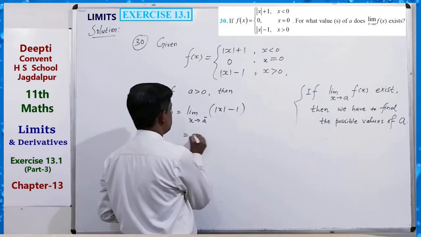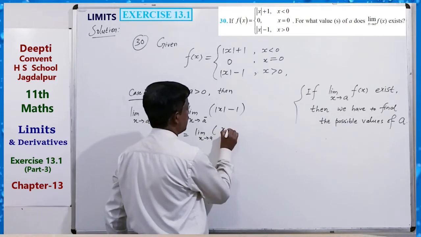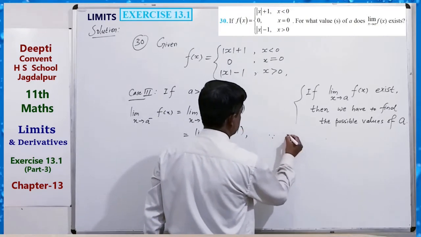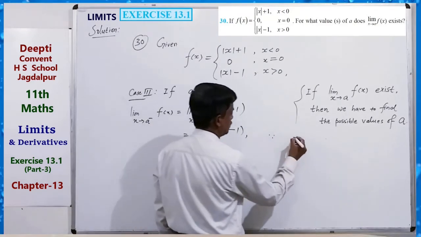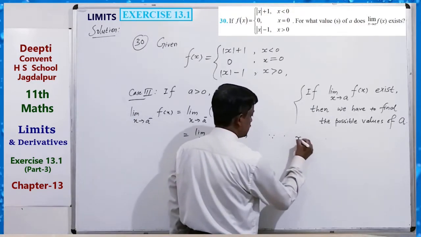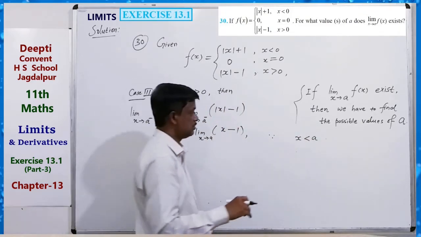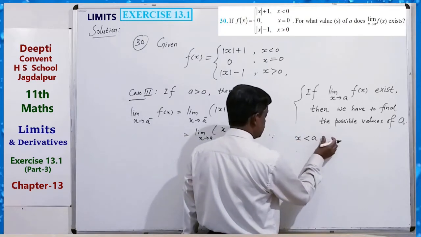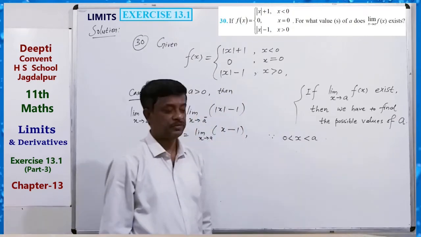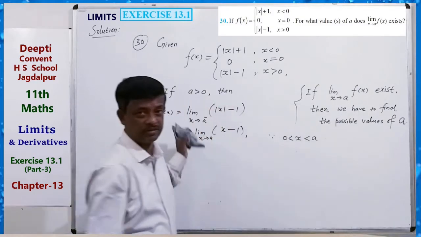So this is equal to limit x tending to a, here mod x equals x minus 1. Since a is greater than 0, here x is less than a, so 0 less than x less than a.